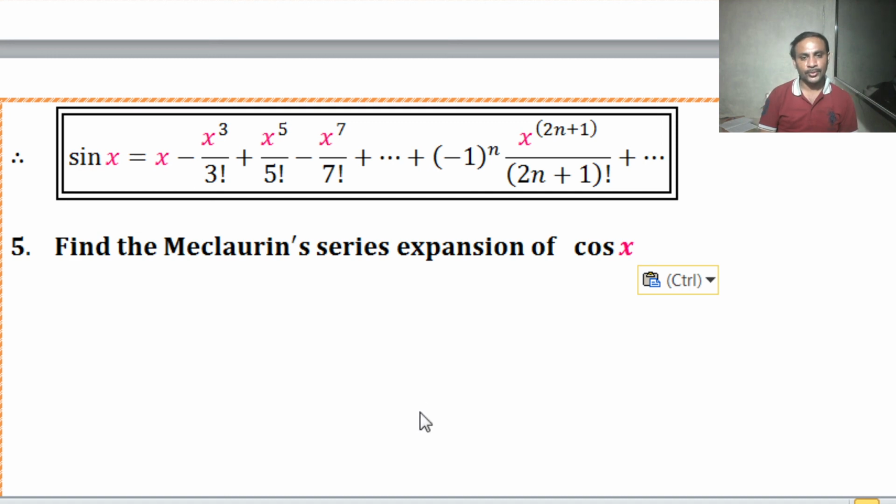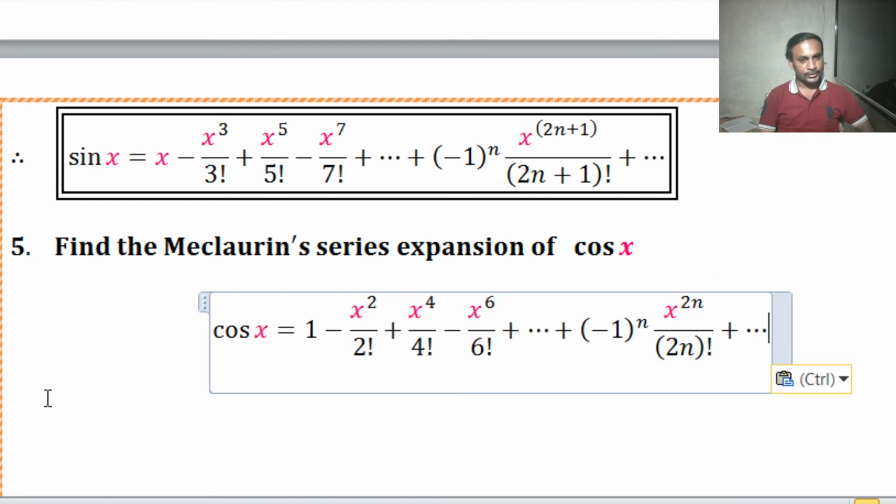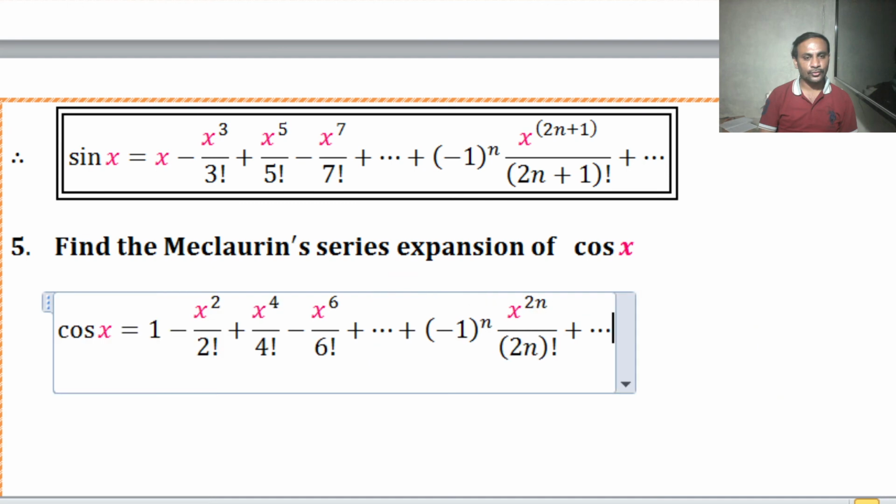If we simplify this Maclaurin series, you will get the series expansion of the cos function: cos x is equal to 1 minus x square upon 2 factorial plus x raised to 4 upon 4 factorial minus x raised to 6 upon 6 factorial plus and so on.